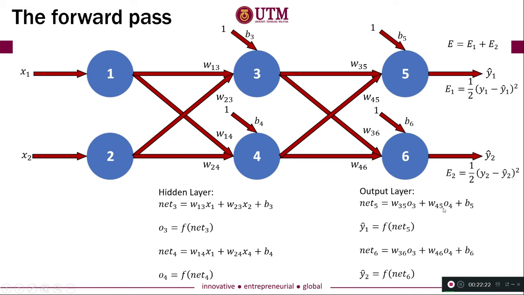So O3 and O4 need to be known when you compute at the hidden layer. Once you know O3 and O4, you put them here, then you know your O5 and O6, which are similar to your Y1 hat and Y2 hat there. Okay, that is forward pass.